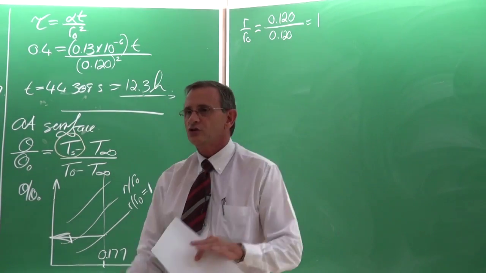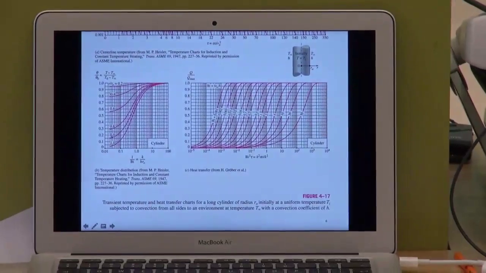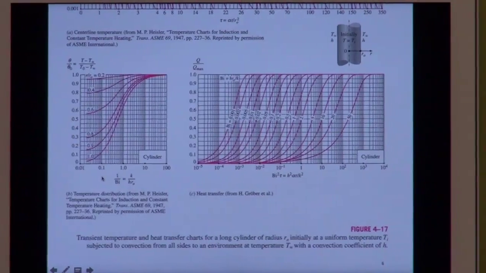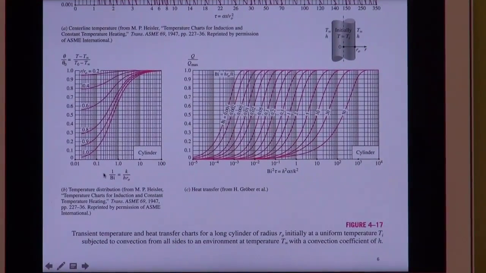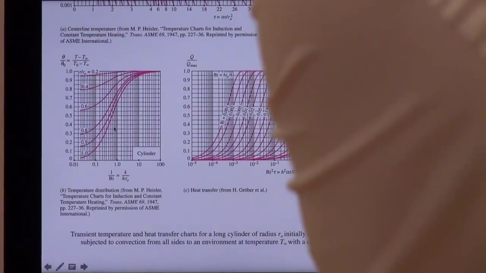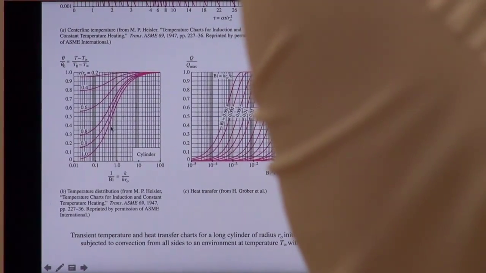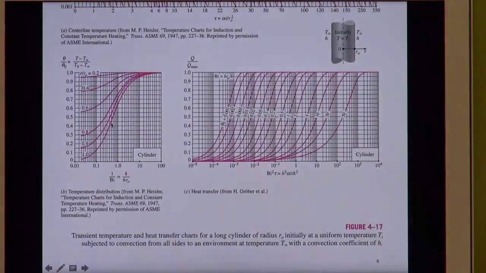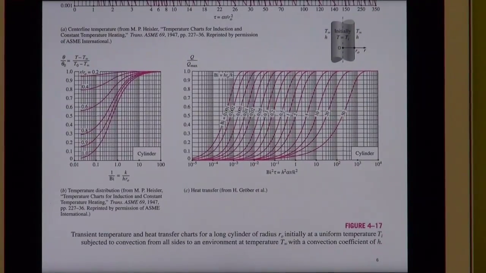Would you like to try quickly on your chart and see if you can do it? Let me see if I can get it quickly. On this chart here on the left, 1 divided by the Biot number is about 0.17. I don't know if you can see the mouse, it is somewhere there. And there's also the line for R divided by R0 equal to 1, the bottom one.